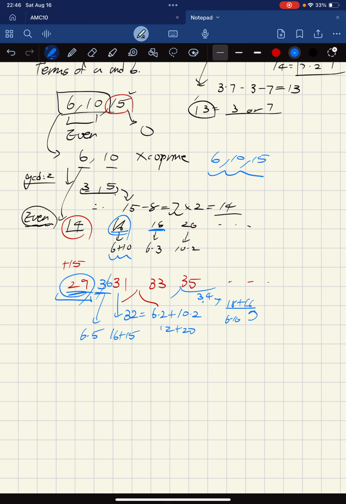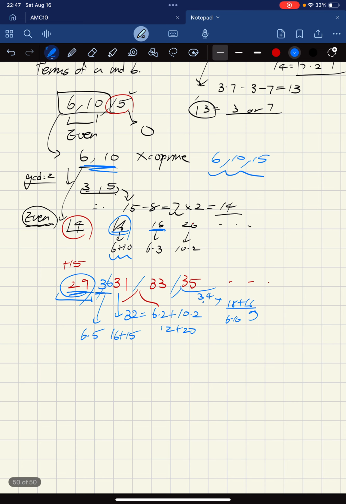So we're basically excluding even numbers. We don't care about even numbers, because we already know they can be expressed in terms of 6 and 10 according to the Chicken McNugget theorem, right? So we're just trying to see what's the biggest odd number that cannot be expressed using 6, 10, 15, and that's just going to be 29. So the answer to this problem is 29.